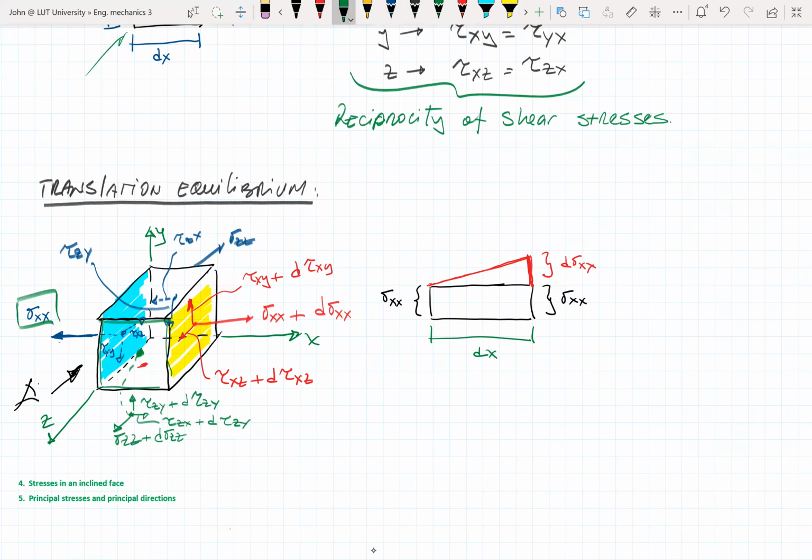How to estimate then the value of this differential of stress? This is going to be valid also for shear stresses. One interesting thing to find out here is the slope of this curve.